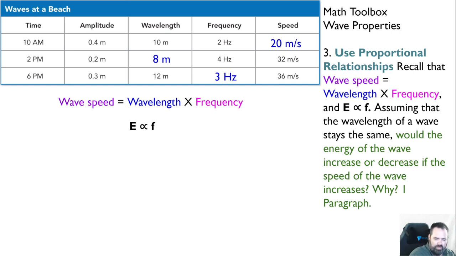Why? Put that in a paragraph. So we want the wavelength to stay the same. We're going to increase the wave speed. What's going to happen to the energy of the wave if we go ahead and increase the frequency?